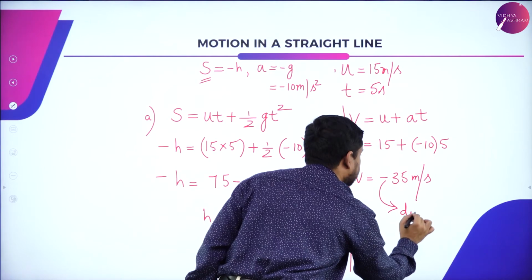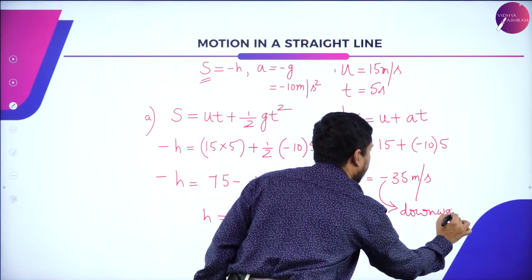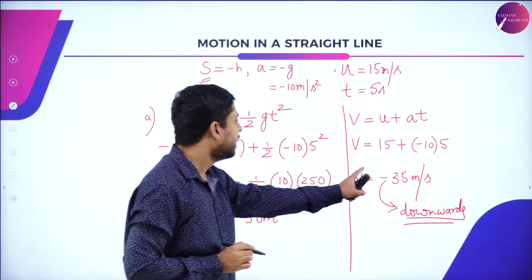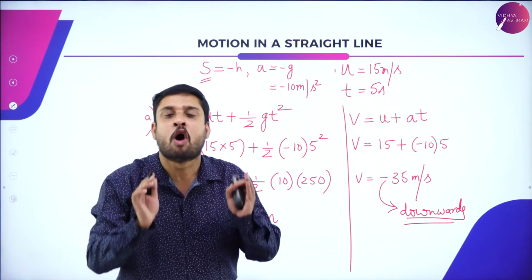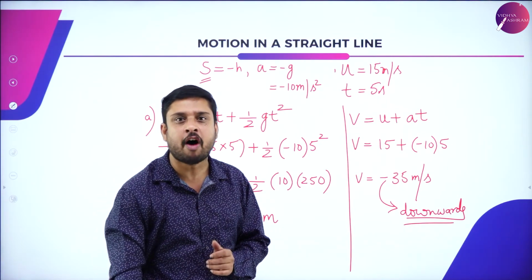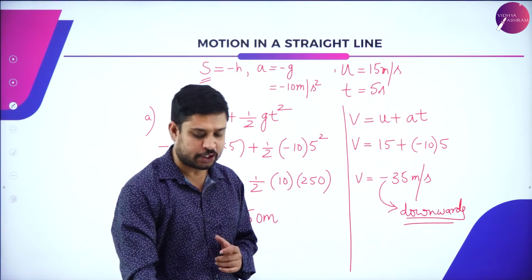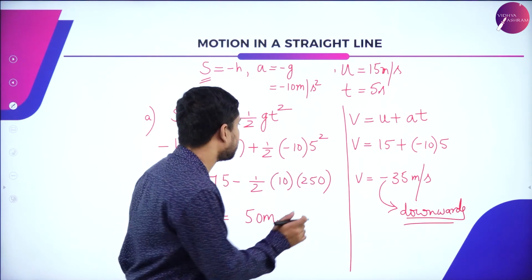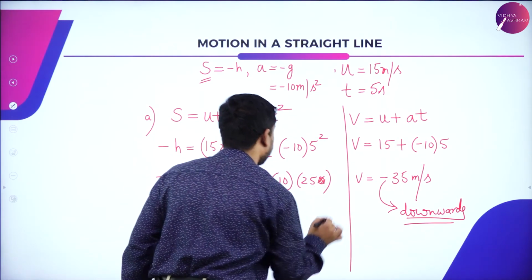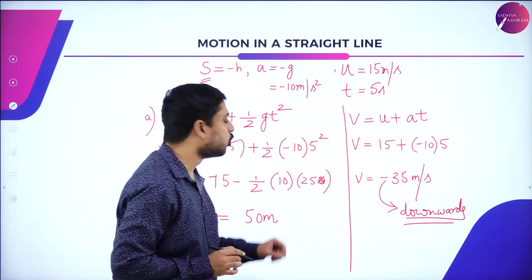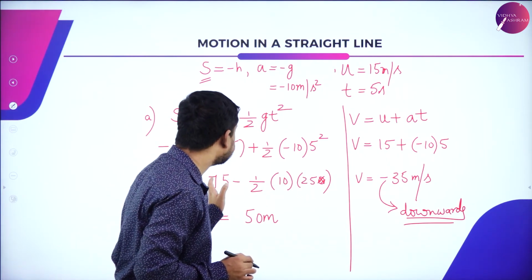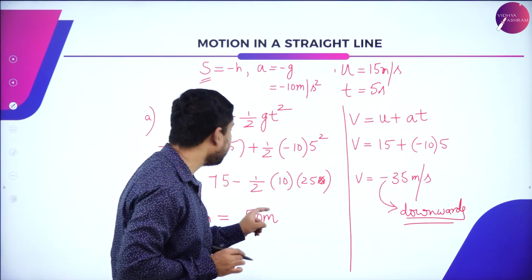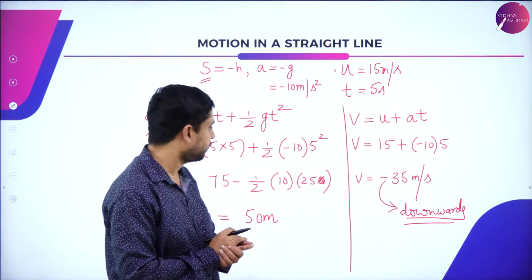This simply shows the direction that it is acting downwards. This means it is opposite to the direction of projection. So if we analyze back the simplification, 5 square is 25. So 25 into 10, 250 by 2, 75 minus 25, which turns out to be 50 meters.